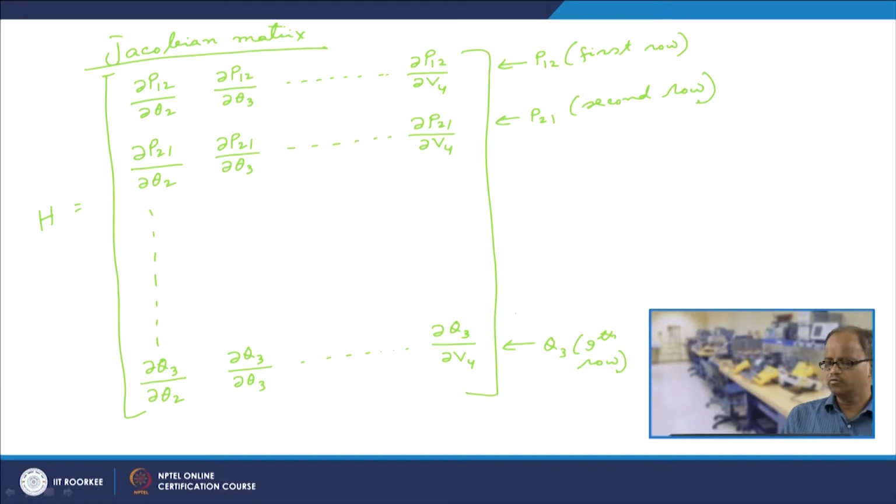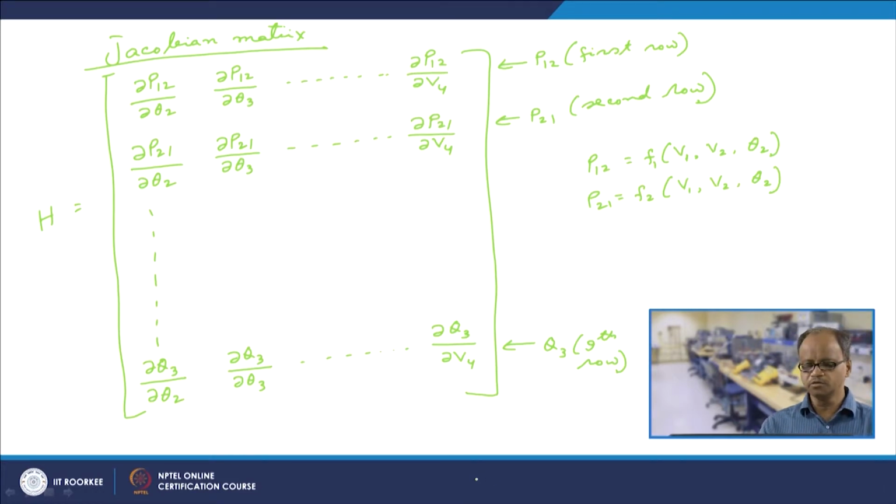Now, we know that P12 is a function of only V1, and theta 1 is 0, so theta 1 is not an unknown quantity. So it will be V1, V2 and theta 2. P21 is also a function of only V1, V2, theta 2. So which quantities would be non-zero?